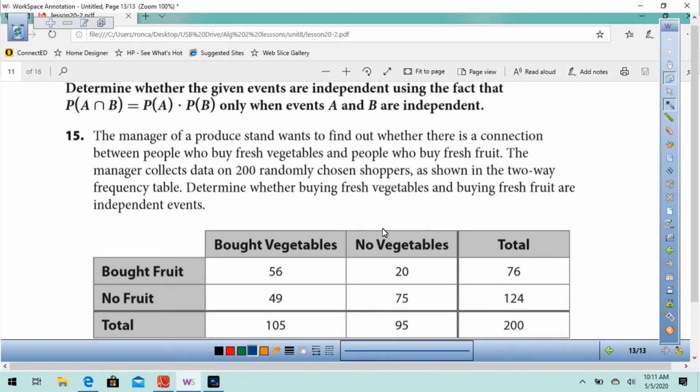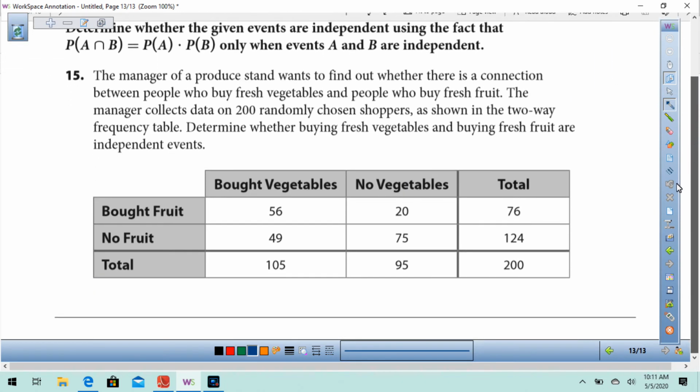Okay, let's see what we got here. Well, bought vegetables, so that's probability of V for vegetables. 105 over 200.